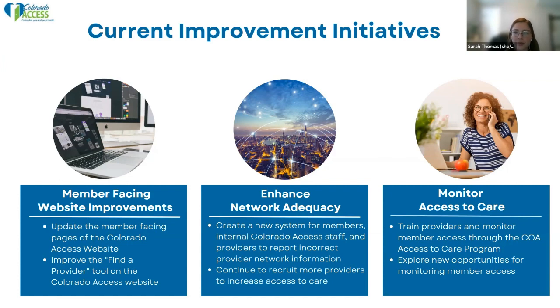Some examples of this could include incorrect provider addresses, phone numbers, a provider's no longer in business, providers not accepting patients when they should be. And so it's been great to really start taking action in the moment and trying to make our network data as accurate as possible. And then also helping us learn more about potential opportunities to recruit providers in specific areas, depending on the data that we're seeing.